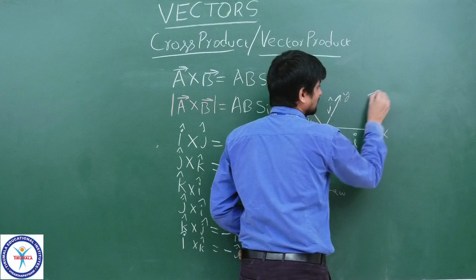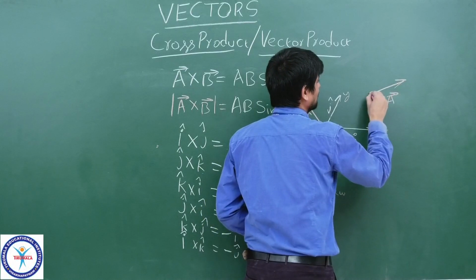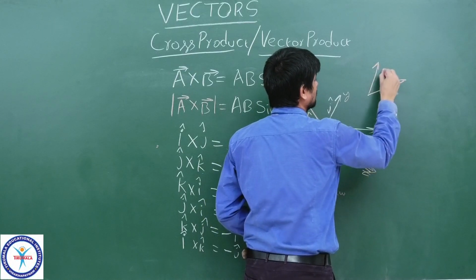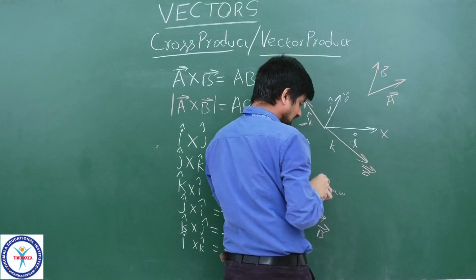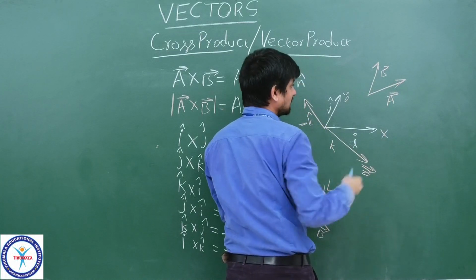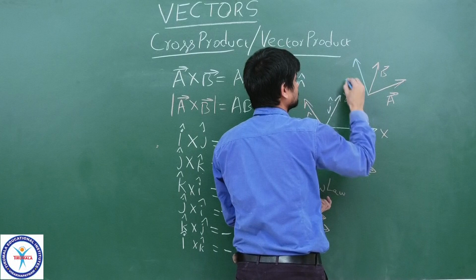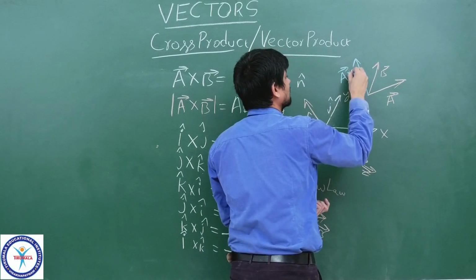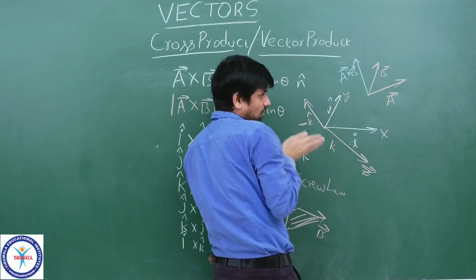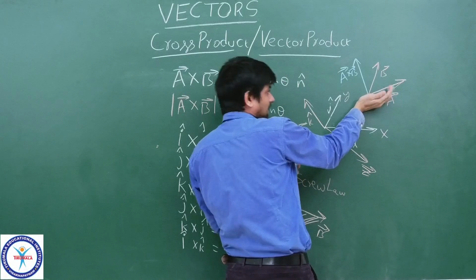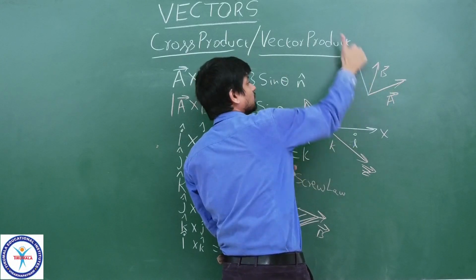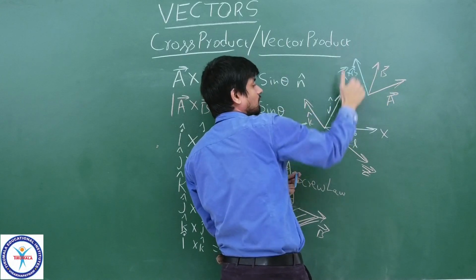That means if this is a bar and this is b bar, the resultant would be in this way, a bar cross b bar. See, open A, curl along B and open that, show. Okay.